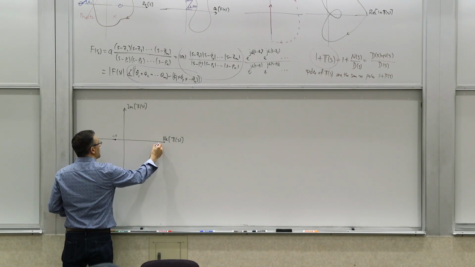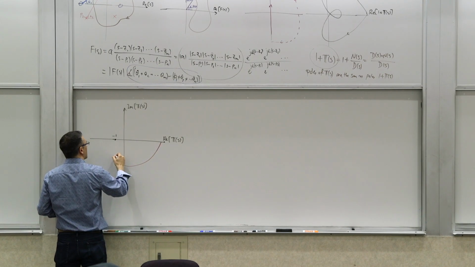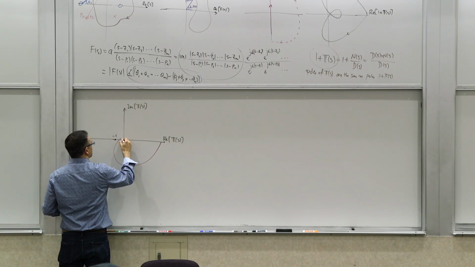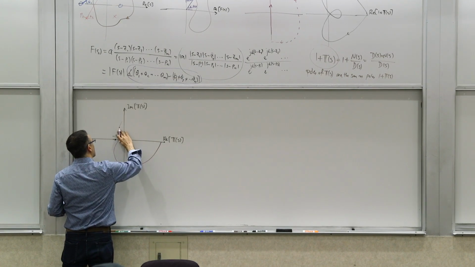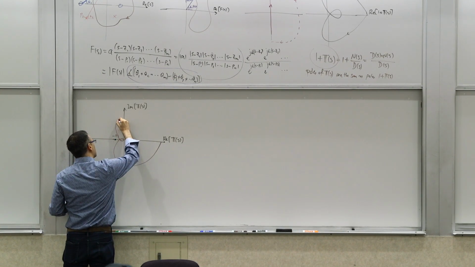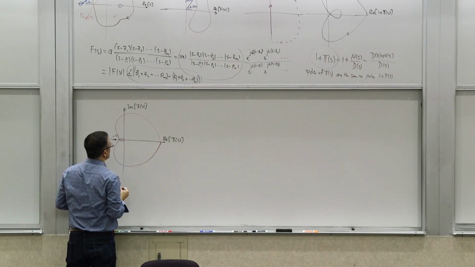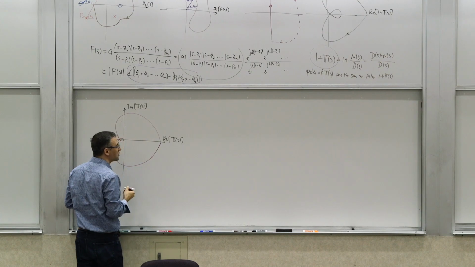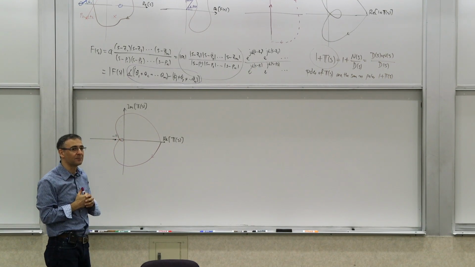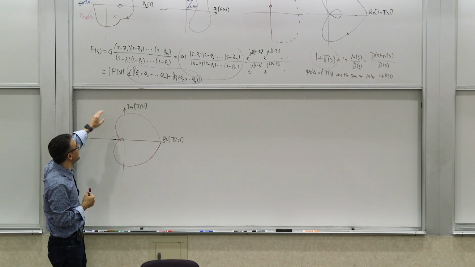So, for example, you may get something that looks like this. If you get something like that, a trajectory, as you traverse through what pathway? What is the pathway you're traversing?